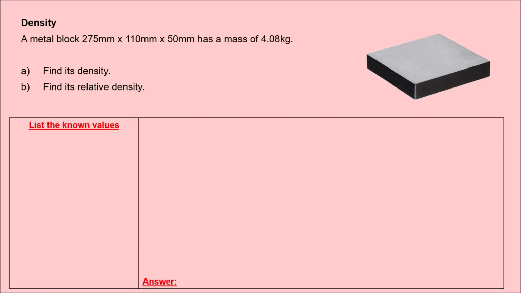So let's go ahead and use these for the density calculation. I've got a block of some form of material here, and I've been given some information in relation to its physical properties, so how big it is and its mass. I'm going to make a little list of the known values here. Length is equal to 275 millimeters.